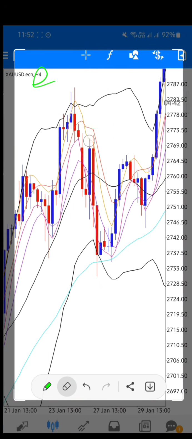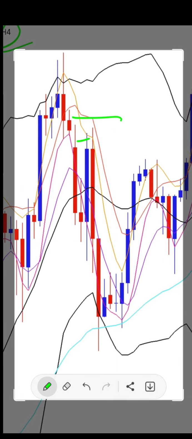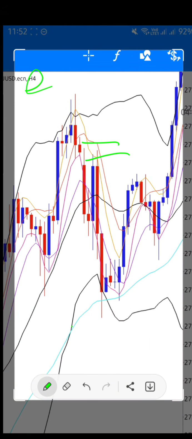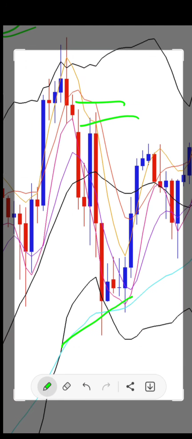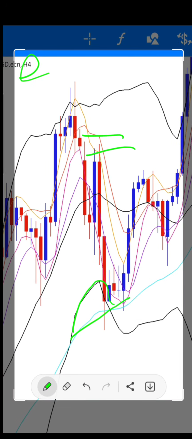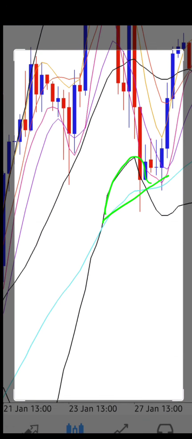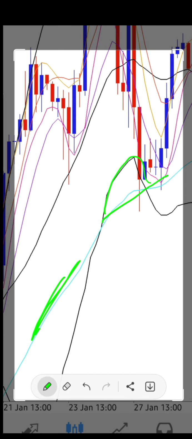At the time of the re-entry, you can clearly see the EMA 50 is just outside of the low BB. So that is the sign of a nuclear setup. If the EMA 50 is just inside of the low BB or the top BB, depending upon the CSAK, it means there is no nuclear setup.